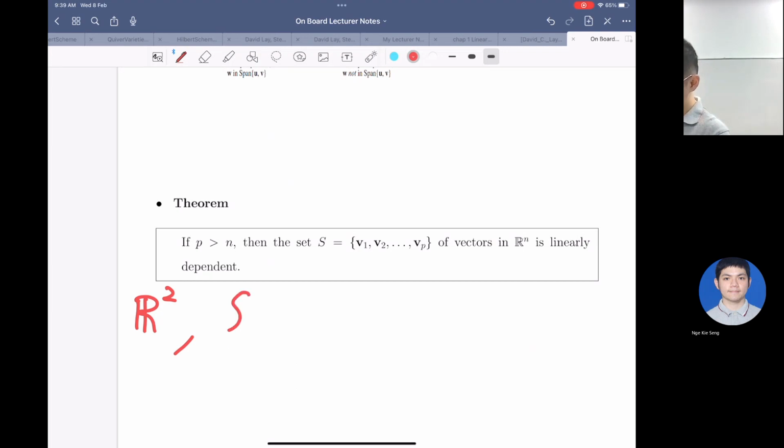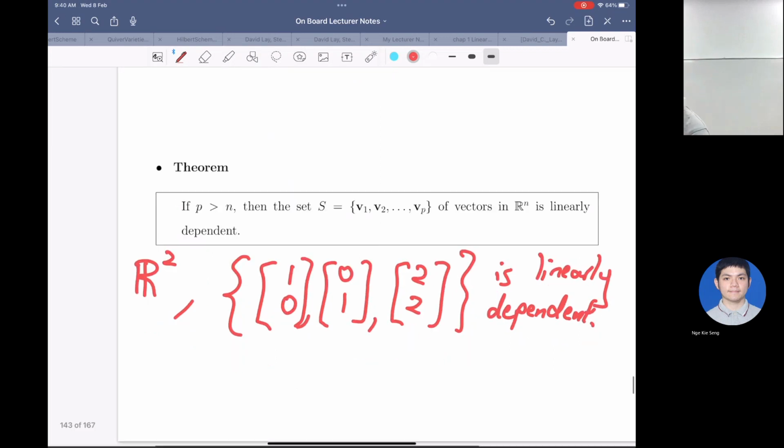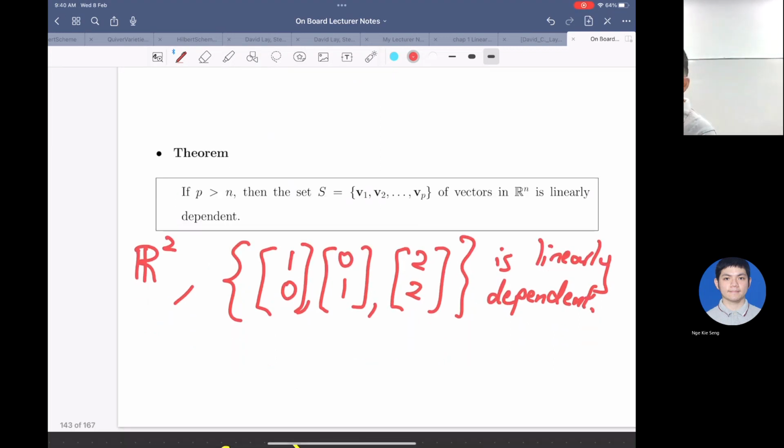The claim is if you pick any three vectors here, for example (0, 1), (0, 2), (2, 2), this set is always going to be linearly dependent. This is a bit like the pigeonhole principle, because you have more things inside, so you must use the other two to make up the one. So using this theorem, this set is linearly dependent.